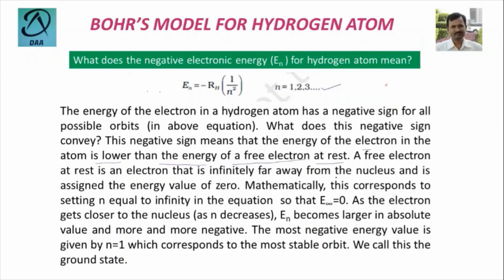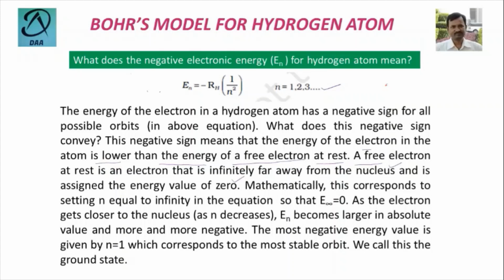Free electron means it is far away from the nucleus. A free electron at rest is an electron that is infinitely far away from the nucleus and is assigned the energy value of 0.